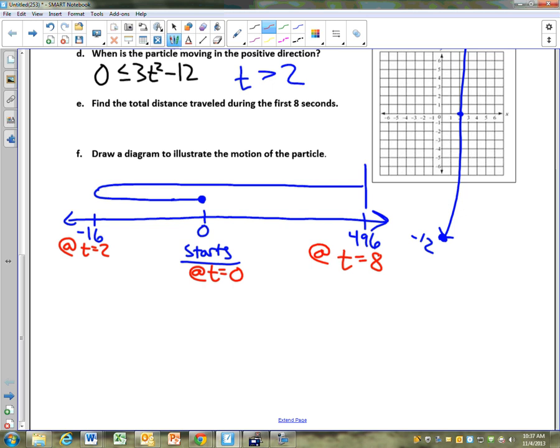So I want to figure out the total distance, it says. So I drew the diagram in order to illustrate the motion. Now what I want to do is figure out the total distance. And the way that I do this is I try to make it as least complicated as possible. I always draw a line right at the start, right at 0. How far did I travel to go from here to here? 16. How far did I travel to go from here to here? 16, and then how about here? 496. So we have 496 plus 16. Oh, it's 416.